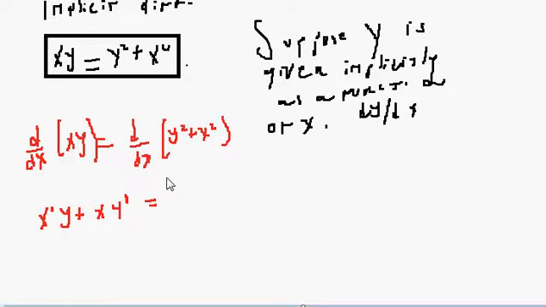And of course this is going to be equal to the derivative of this, which is 2y times dy dx. But I said that was y prime, so I'm just putting the y prime here. And then plus the derivative of this with respect to x, so it's going to be 2 times x. So x prime, d dx of x, is just going to be 1.